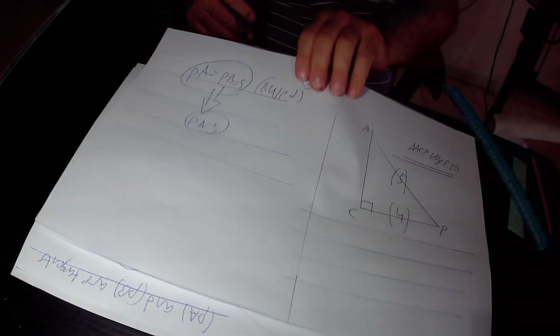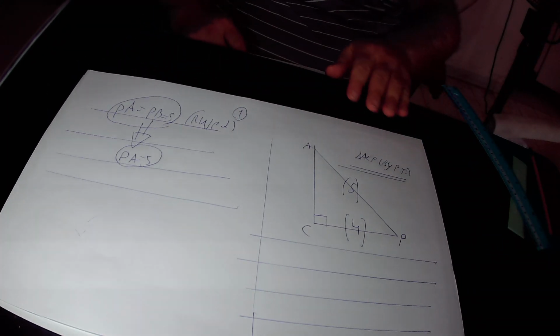Okay, this is the right triangle ACP, that is copied from the original drawing.